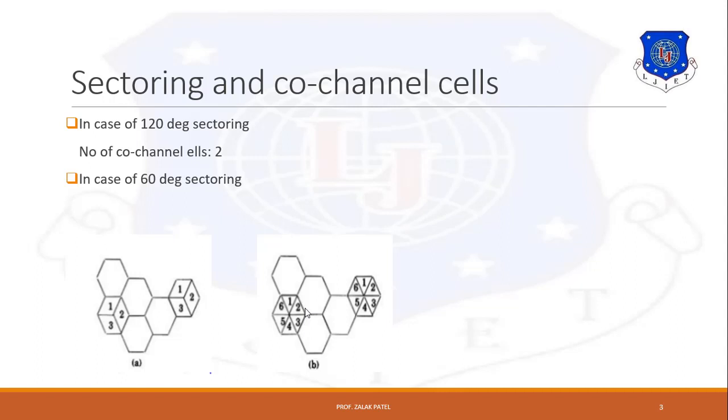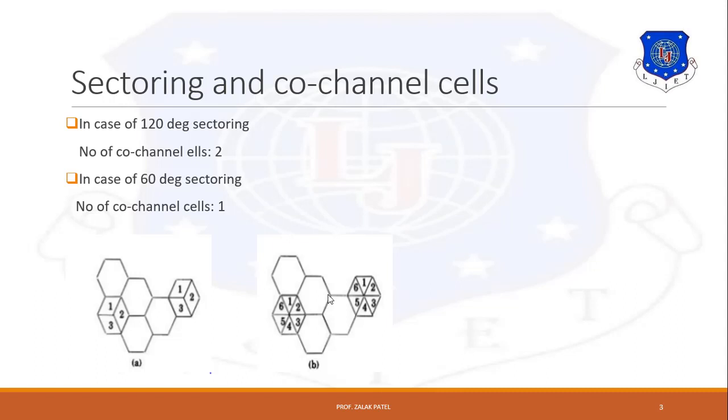In this case the number of co-channel cells is equal to 1, because if you take any partition, like partition 1, it touches only one cell. If you take partition 2, it also touches one cell. So for 60 degree sectoring, the number of co-channel cells is equal to 1.